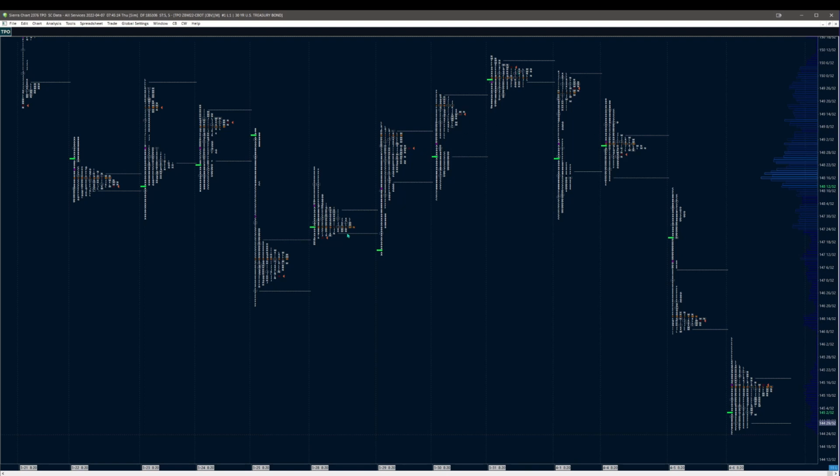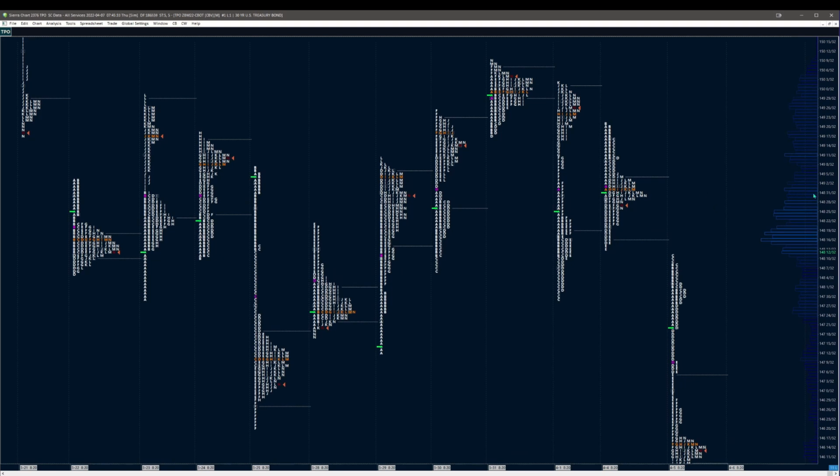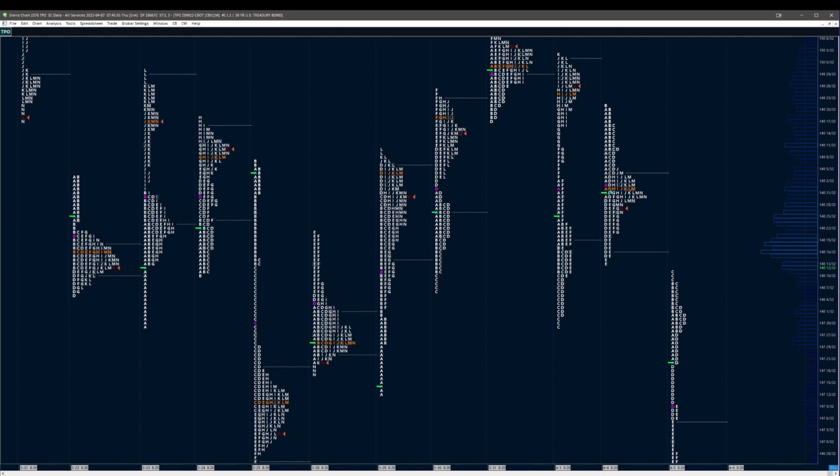We have the point of control, which is the price that has the most volume, in my setup. That is our orange colored lettering that goes straight across. Our value area is these white dashed lines. That's the 70% point of, again, where most of the volume occurred surrounding the point of control.